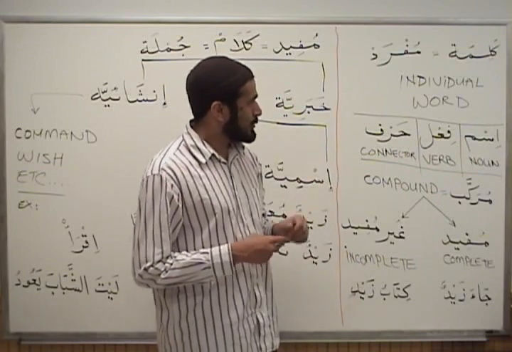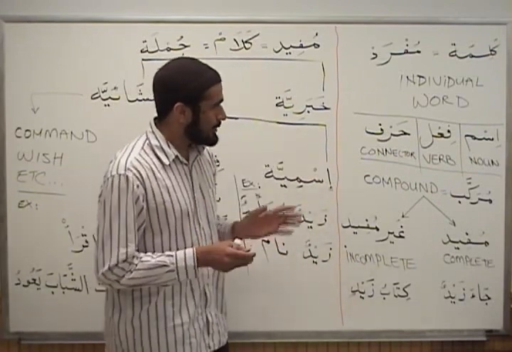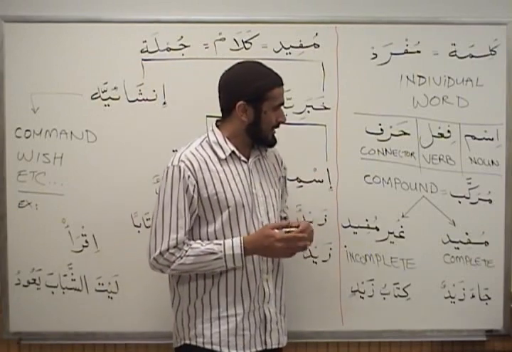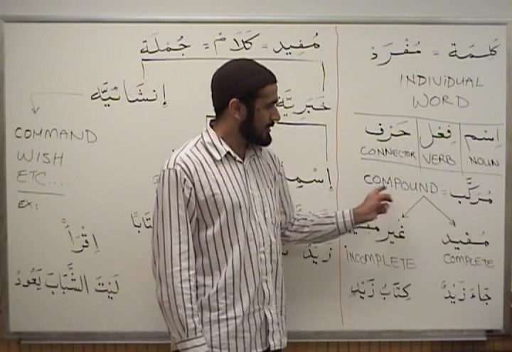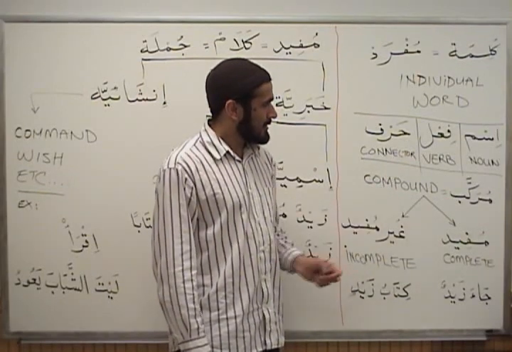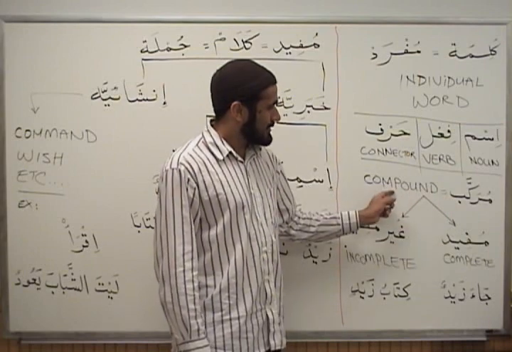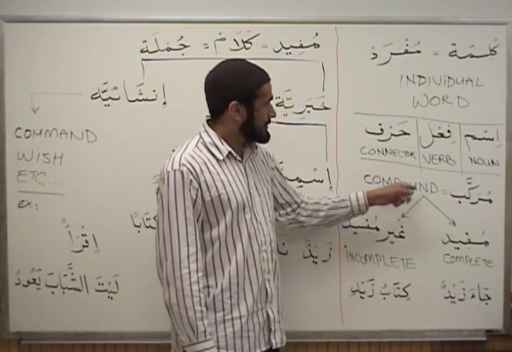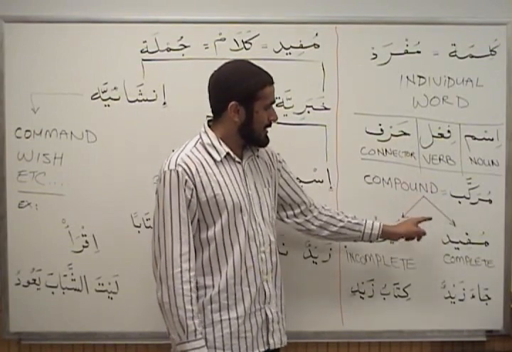So when the words are taken individually, they're called ism, fi'l, harf. Now when you put the ism, fi'l, harf together, you get murakkab, which is a compound. And this murakkab, compound, is the opposite of mufrad. Mufrad means individual word, murakkab means compound.